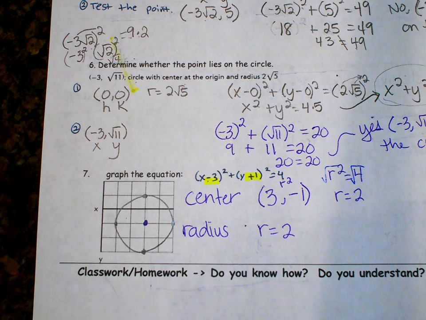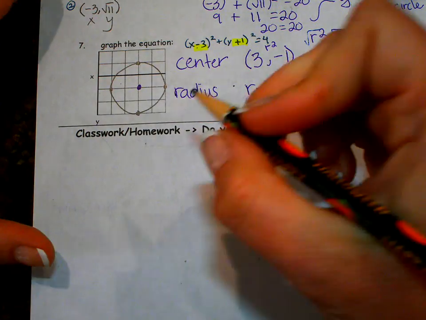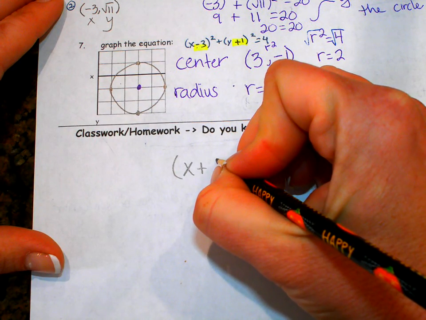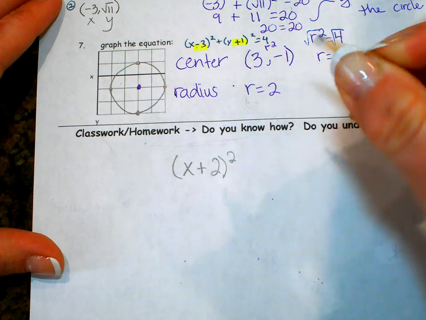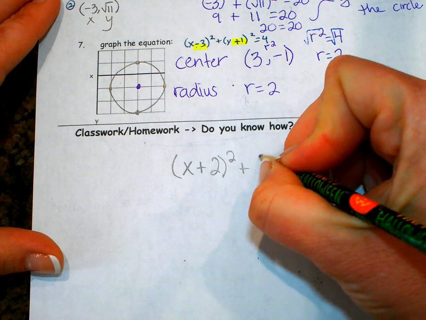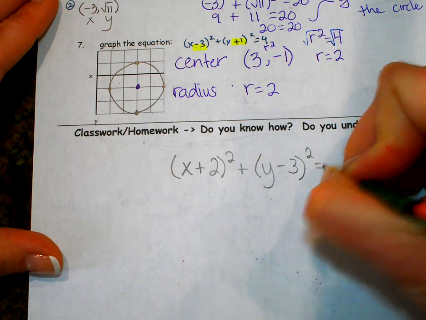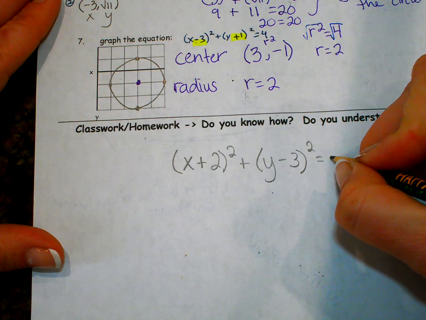Okay? So, one more. My equation is this. I'm just making this one up. This is one that you could just write down if you want to. I'll still make it easy on you guys.